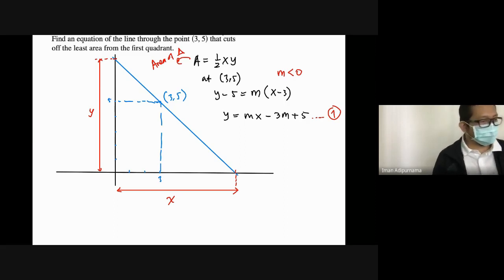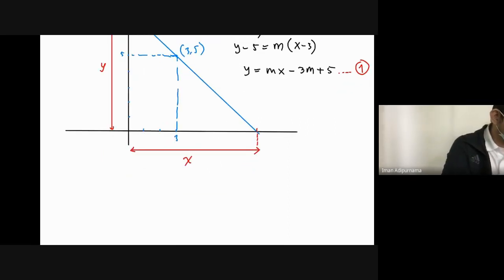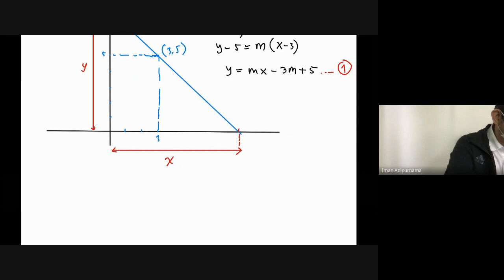Okay, what's next from the equation? We need to take this x and y, right? So this x happens when y is 0, right? So we can take y as 0 and then solve this for x. And we take this when x is 0, and we have y. Okay, let's just write that. So x and y intercepts. When x is 0, y will be 5 minus 3m.